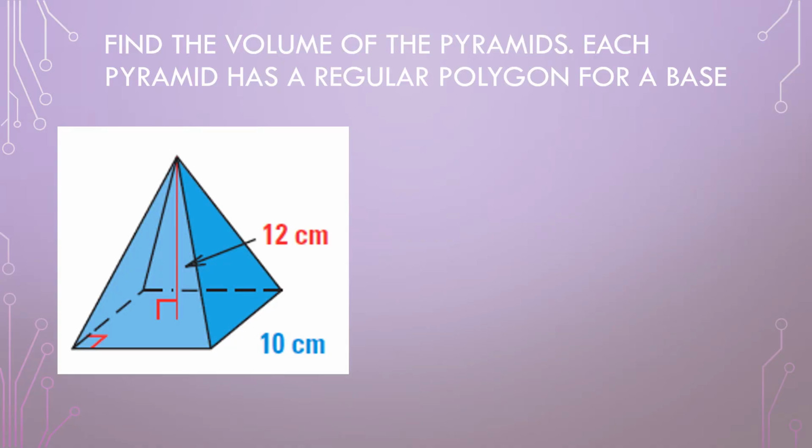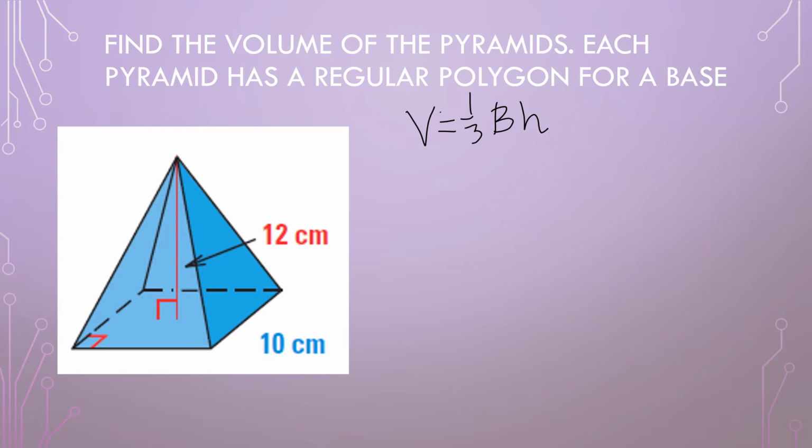So to find the volume of the pyramid, again, each pyramid is going to have a regular polygon, which means that you either have a square, a rectangle, a triangle, which is what we will give to you for these questions. So, volume is 1/3 base, the area of the base, times the height.